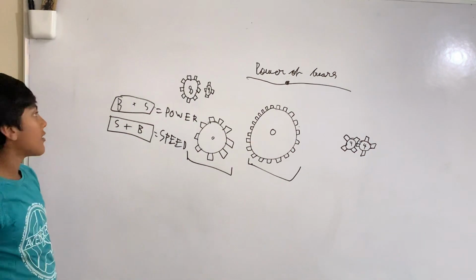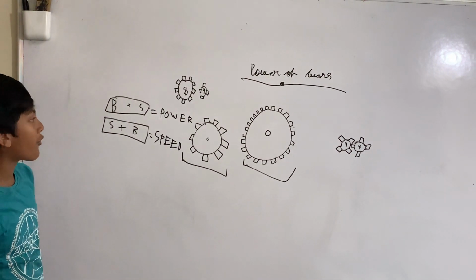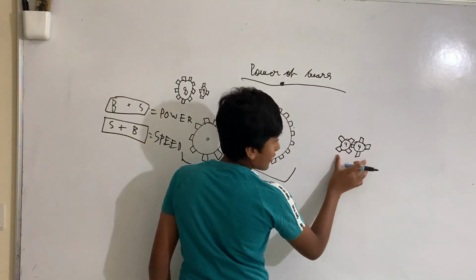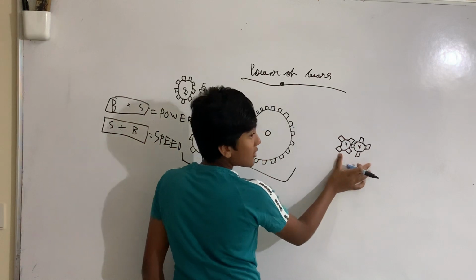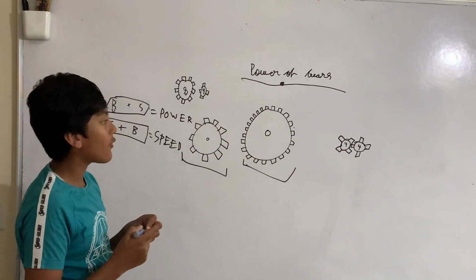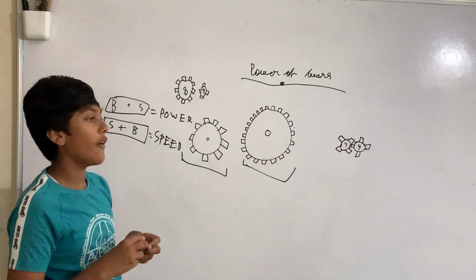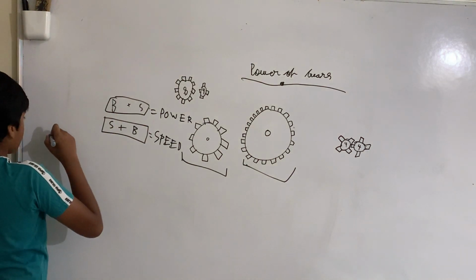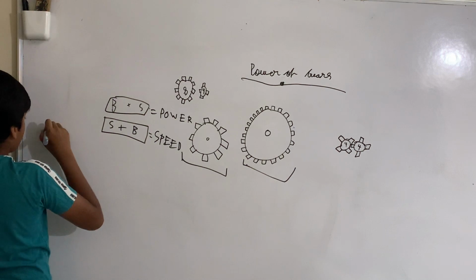Alright, so let's start. What if two gears are the same size? Okay, so we have 4 and 4. When we rotate them, let's have 4 and 4.